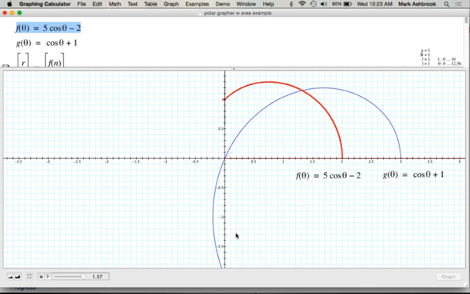The blue one is function f, and the red one is g. Any questions on sketching? So we've done lots of these. Hopefully you're making more sense, getting a little quicker.